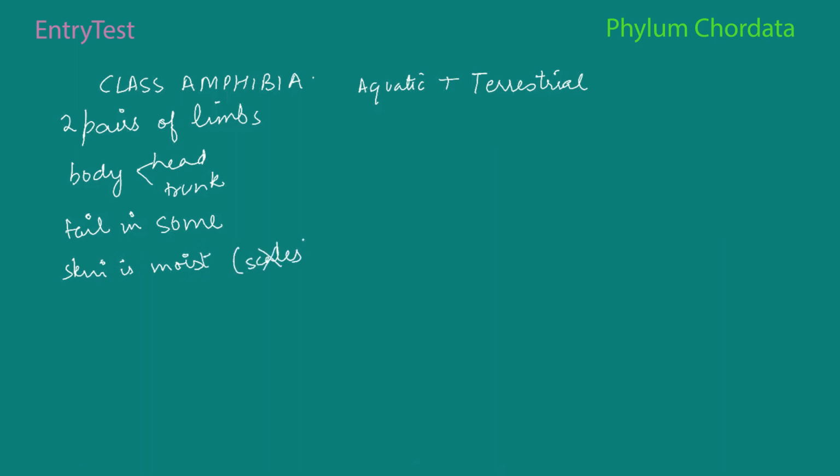So scales are totally absent. The eyes have eyelids, and there is a tympanum which represents the ear. That is the ear for amphibians.